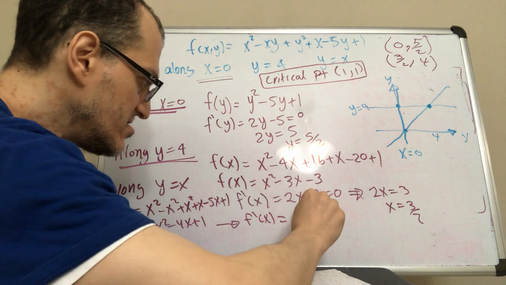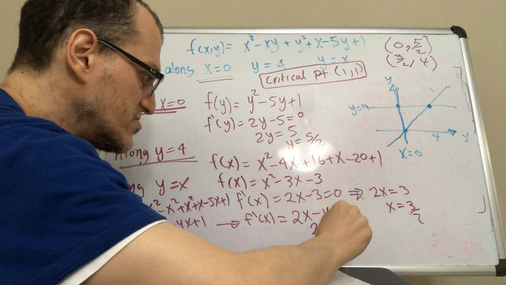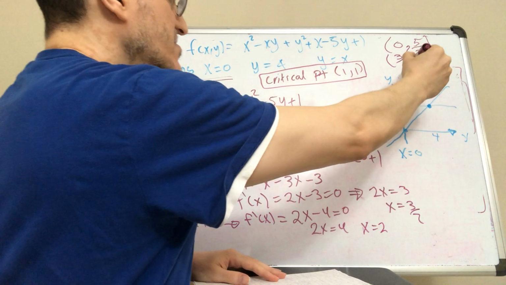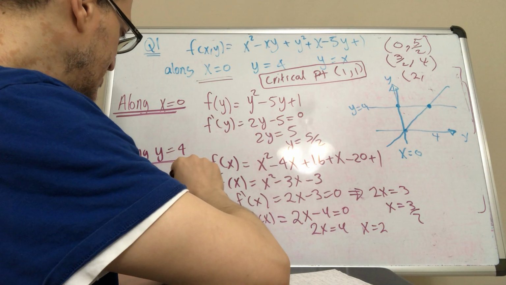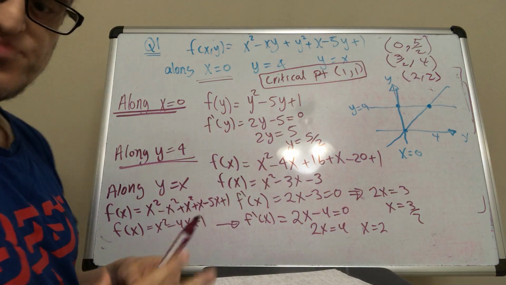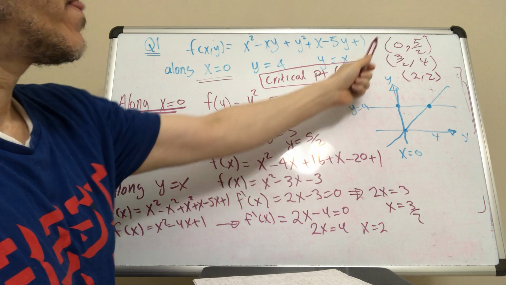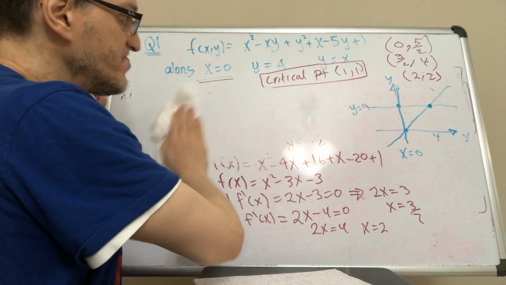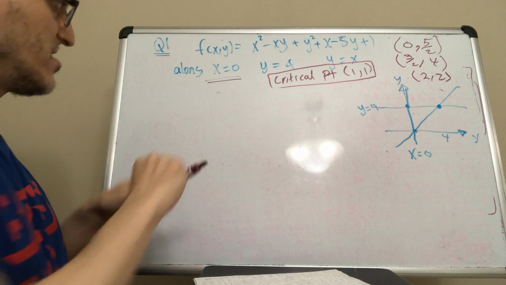Derivative is 2x minus 4, set to 0, 2x equals 4, x is 2. So we have another point where x is 2 and y equals x, so y would be 2 also. So after finding the main critical point and the critical point along each line, you also find the boundaries for this.